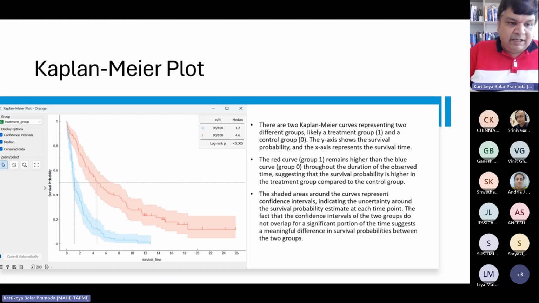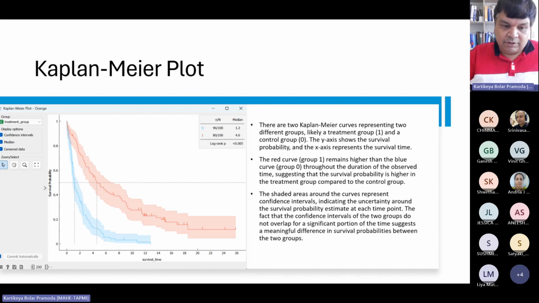In the Kaplan-Meier plot, the blue one is those who have not undergone treatment and the red is those undergoing treatment. You can clearly see a steep drop in survival probability; the y-axis is survival probability and the x-axis is survival time.